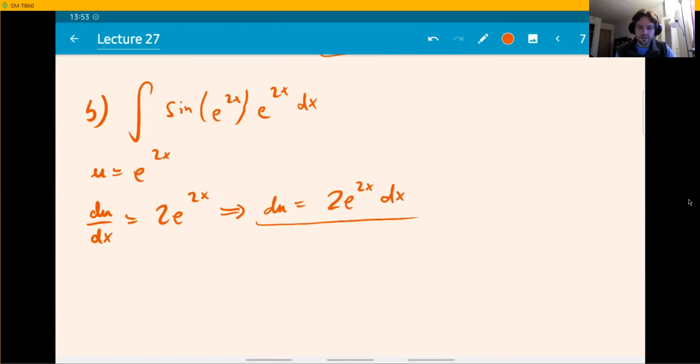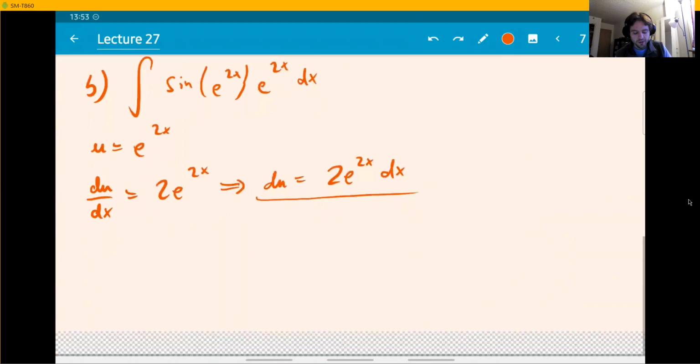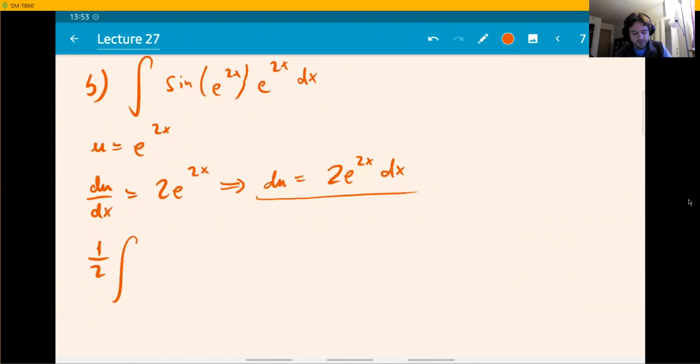And as I said, this 2 is missing. You don't see it there, but you can introduce that and also cancel it out by a constant. Because it's just a constant, you can do that. You can make this 1/2 outside of the integral.